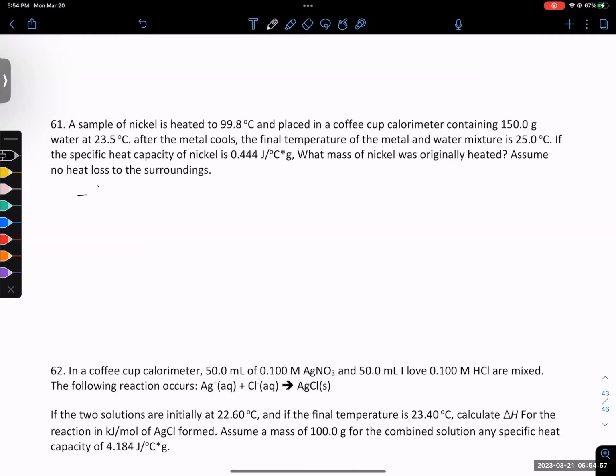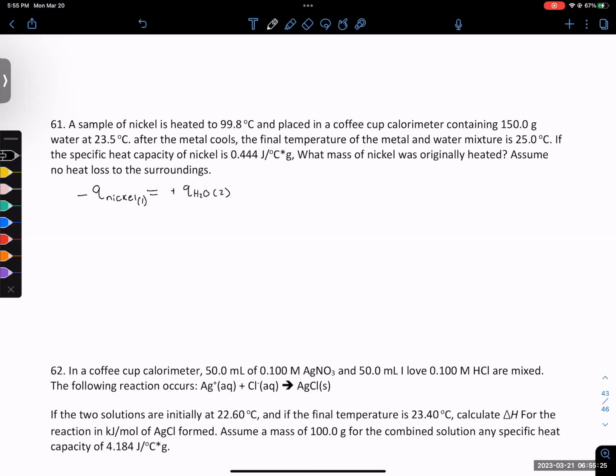It's losing heat, nickel. So the heat lost by nickel is being gained by what? Water, right? So I'm putting this as number 1 and everything in the water would be number 2. So Q of H2O, this is our second thing.